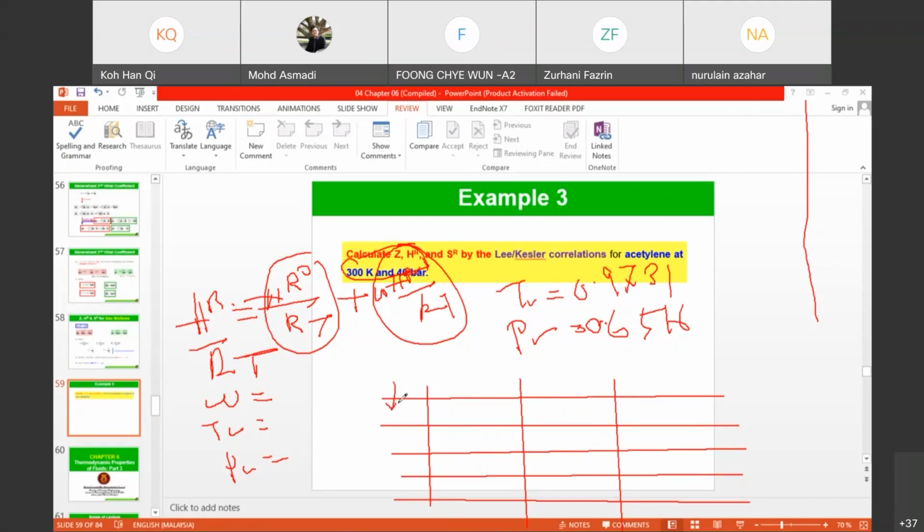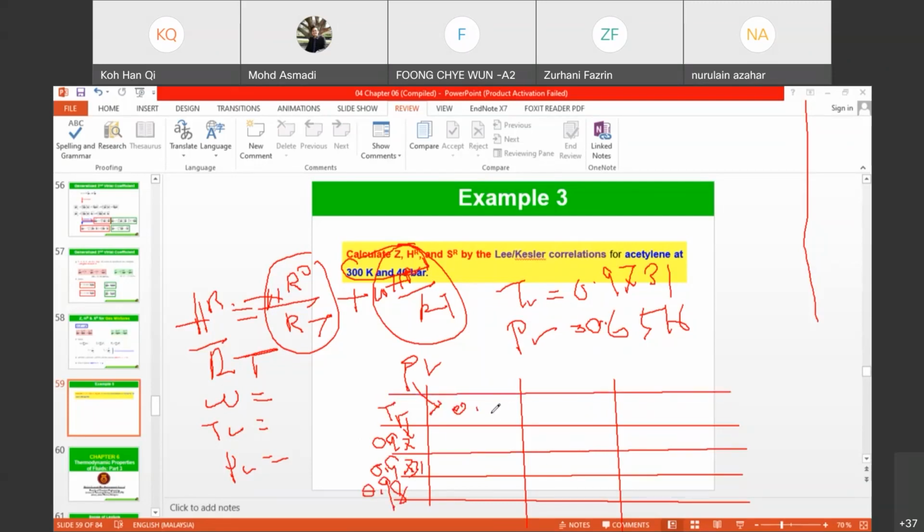So here is the R, and then 2, 4. This side, and then this side is the R. So 0.9731, 0.8, 0.6.